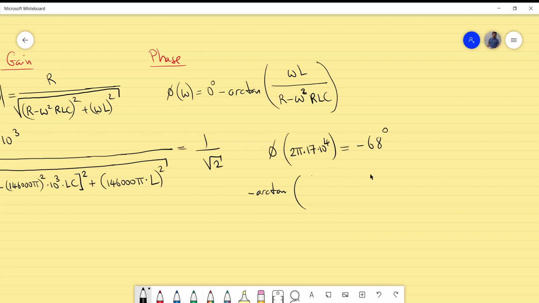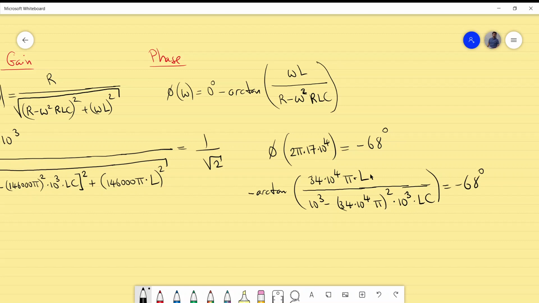So that can be 34 times 10 to the power 4 pi divided by times L, of course, divided by 1000 minus 34 times 10 to the power 4 pi whole squared times 10 to the power 3, which is the R, and times LC, and that must be equal to minus 68 degrees.